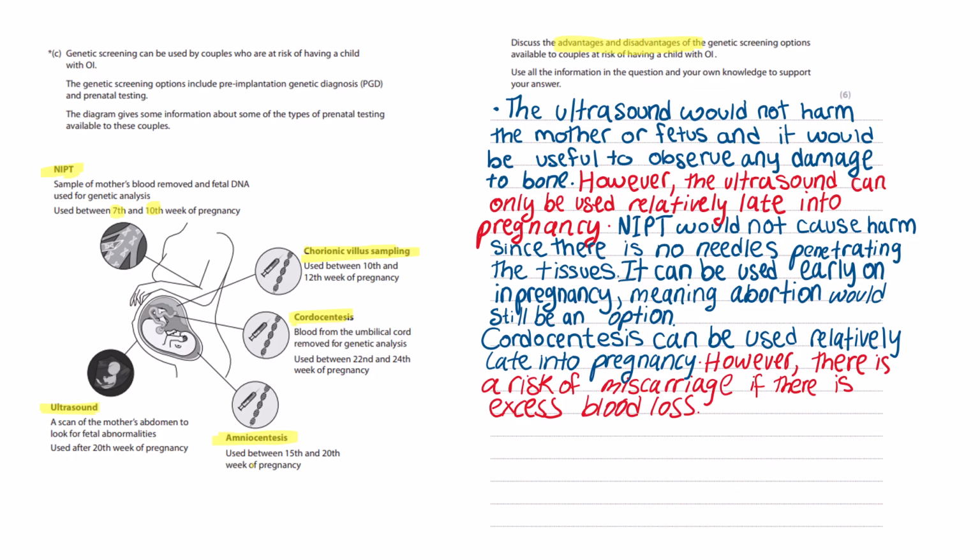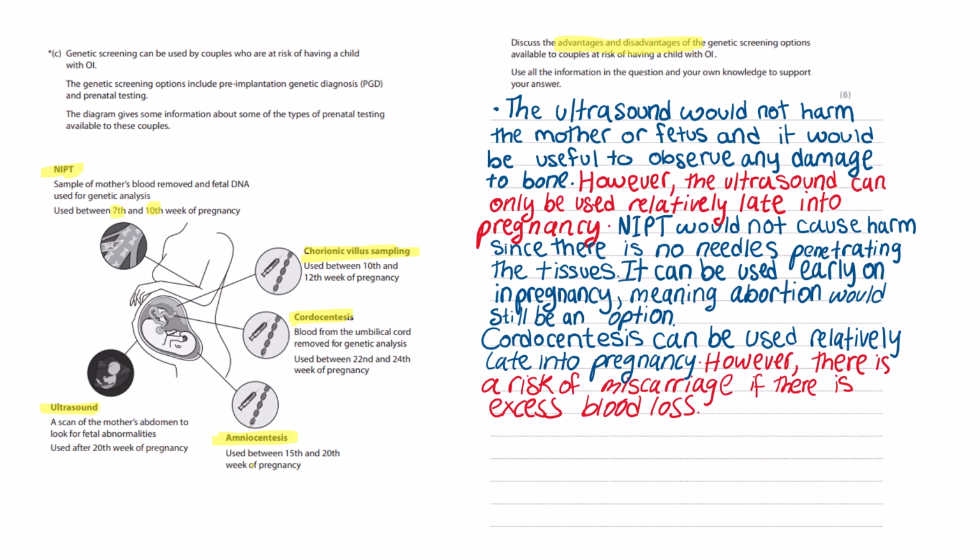Okay, so the ultrasound would not harm the mother or the fetus, and it would be useful to observe any damage to the bones, because remember, OI, as mentioned in the question, results in bone abnormalities. Okay, however, the ultrasound can only be used relatively late into the pregnancy. Therefore, it would be difficult to carry out an abortion.